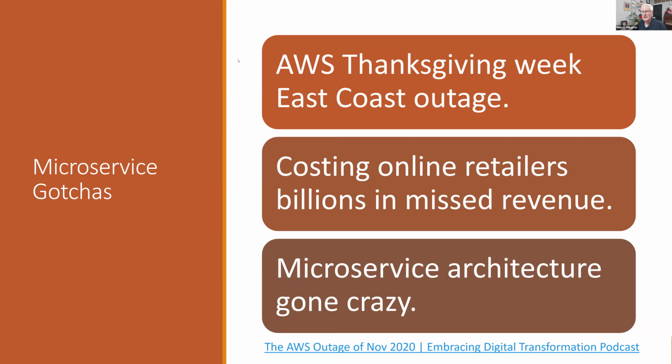And it used to be the Monday after Black Friday was the biggest online day, but now it's that day as well. It literally cost online retailers billions of dollars of missed revenue. And it is a prime example of microservice architectures gone crazy. I did a full analysis of the outage, I guess it was November 2020, not 2022, on my podcast that you guys can listen to.